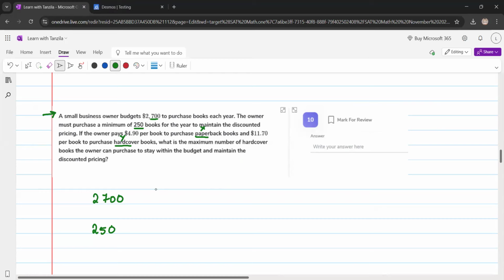Here's the thing. Total number of books is 250. So X plus Y is 250, right? Then what is 2700, the total price?